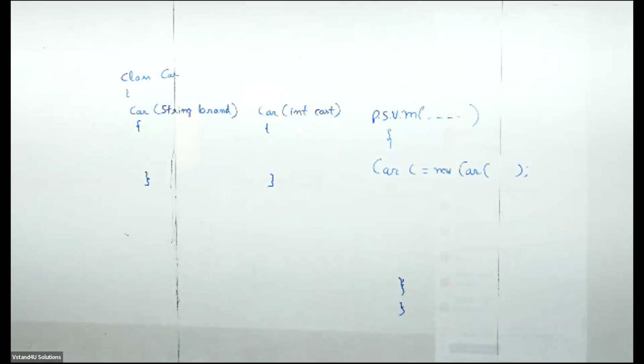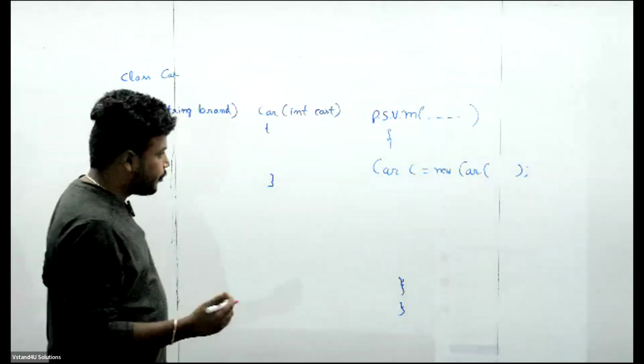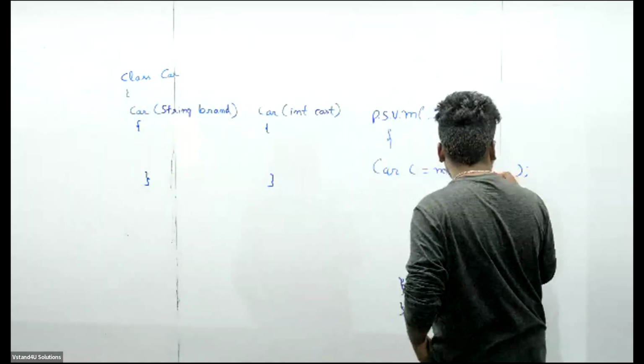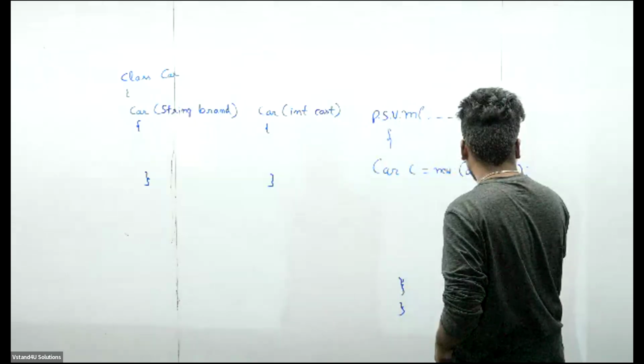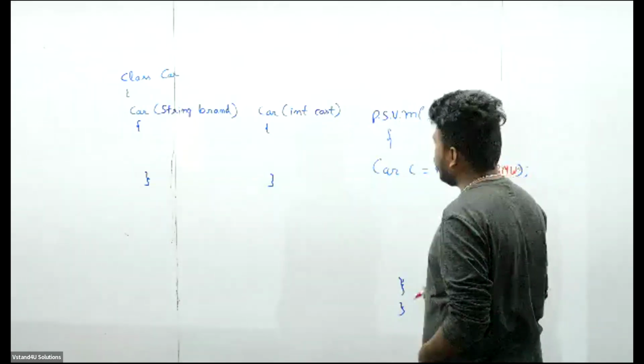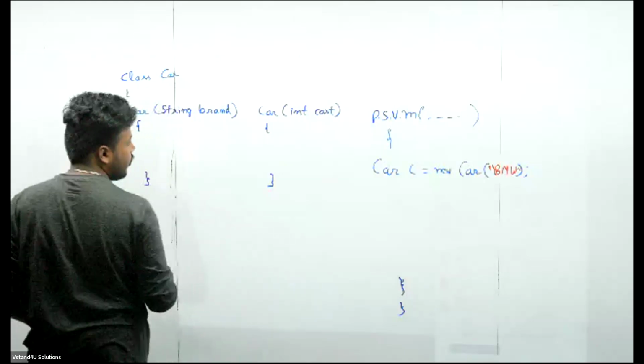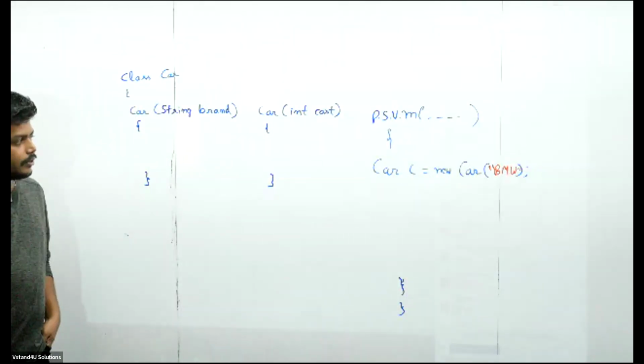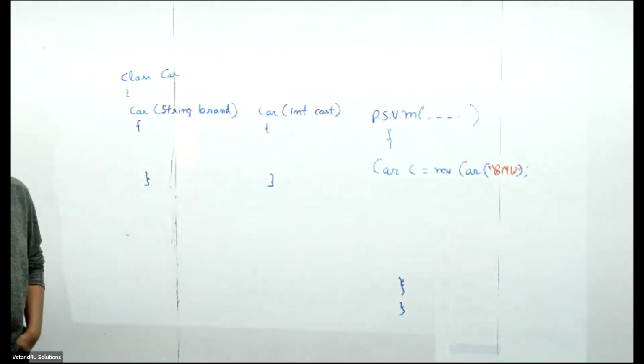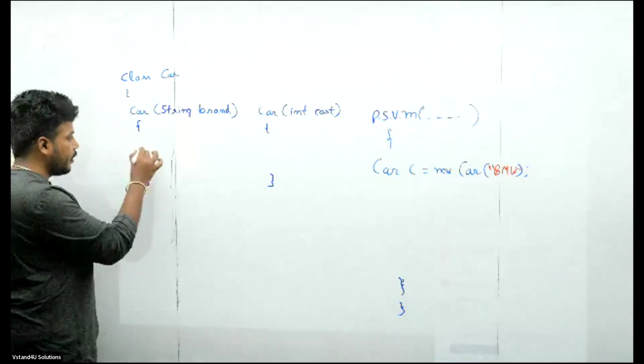What will be the output? Nothing. Okay, it will pass. Now what will be the output? Nothing, right? Are you sure? Pakka. 200%.